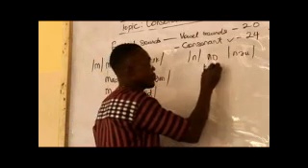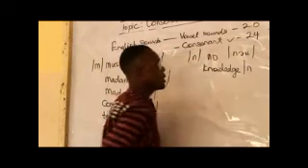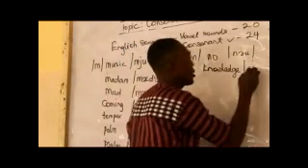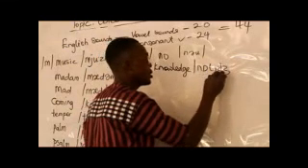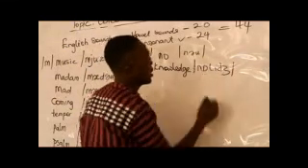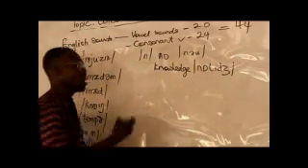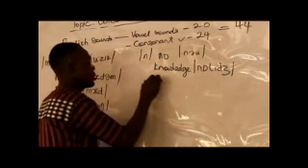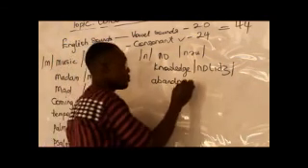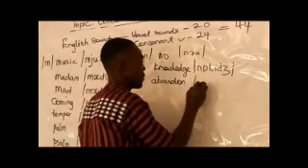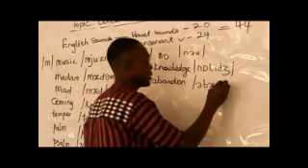For instance, we have knowledge, and we have our N. Now, this is short O. Knowledge. Okay, it can come in the middle. You can have something like abandon.